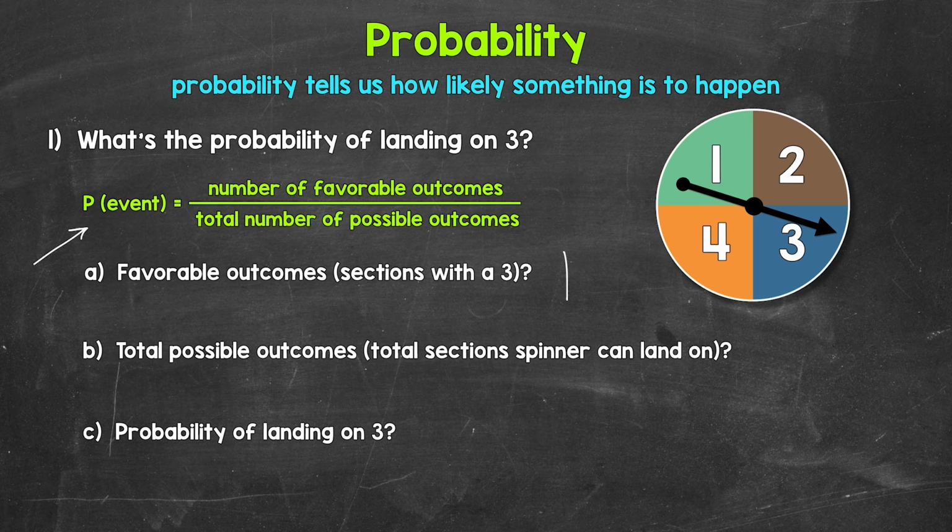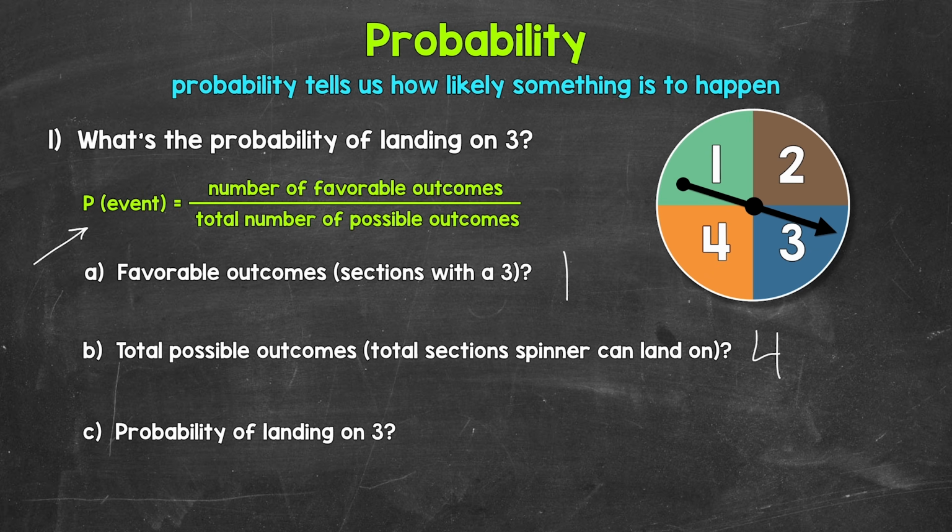Next, we have how many total possible outcomes do we have? So how many total sections can the spinner possibly land on? Well, there's section 1, 2, 3, and 4. There are 4 equal-sized sections that the spinner can land on. So each section has an equal chance of being landed on. So again, there are 4 total possibilities.